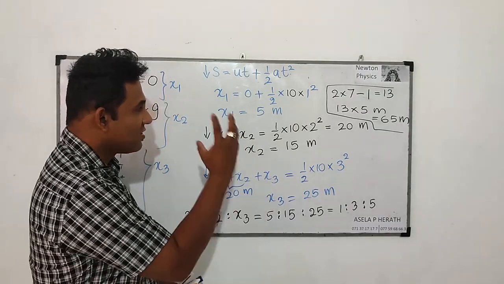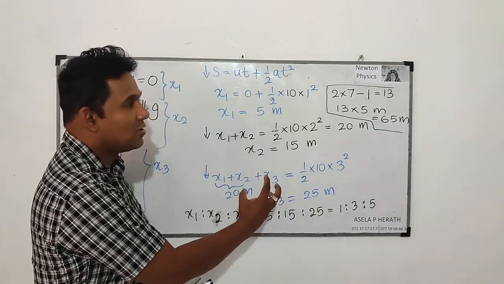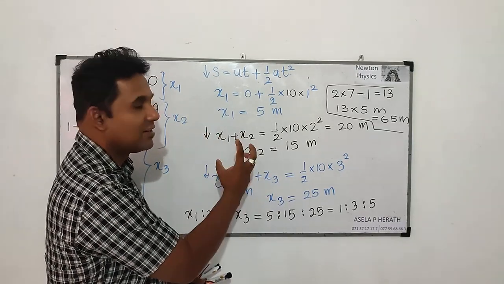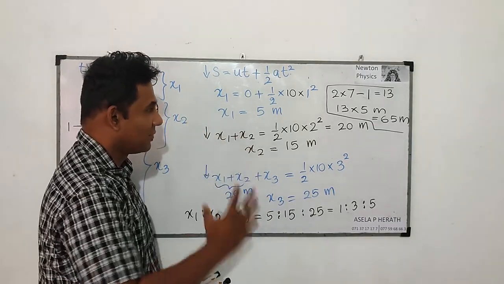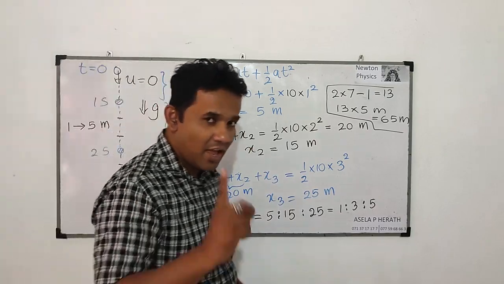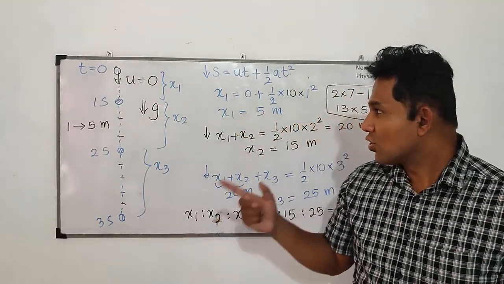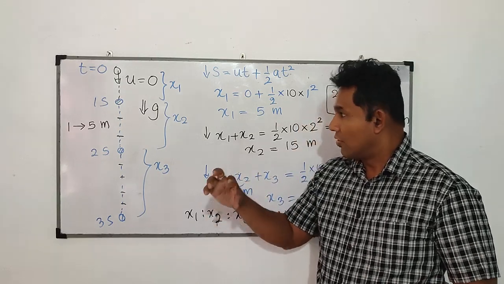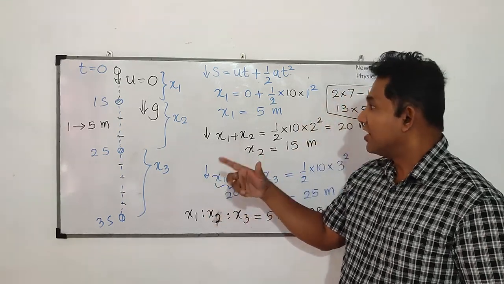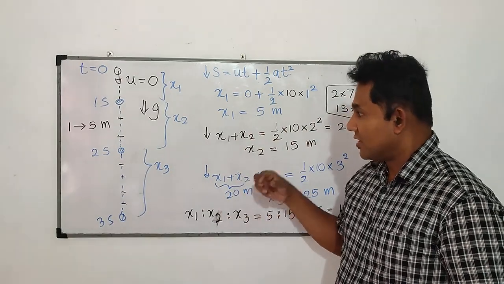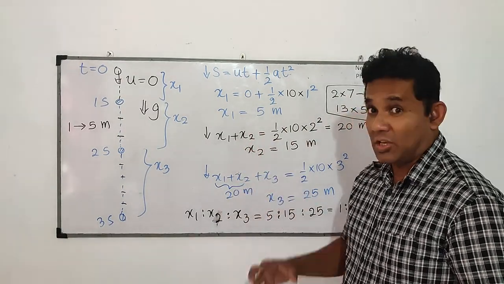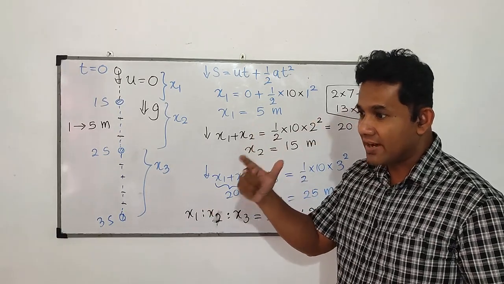Right? This one is a very short method that you can use to find the fallen height in a given second. So apply this one when you are solving problems in your mind, and it will be easier than writing expressions.